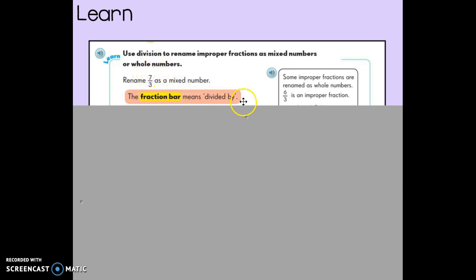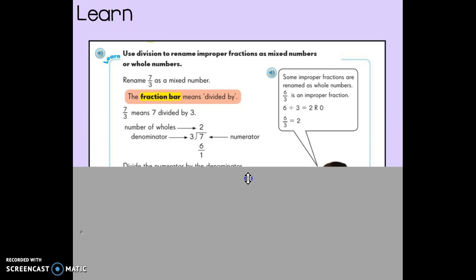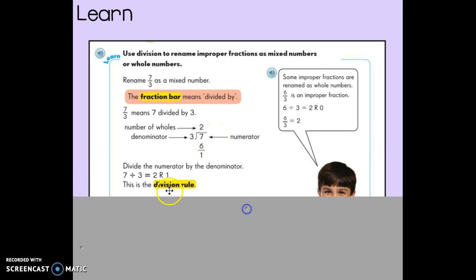I want to see how many groups of 3 fit into 7. 3 fits into 7 2 times. 3 times 2 is 6, and there's 1 left over. So my answer becomes 2 remainder 1 with the division rule.